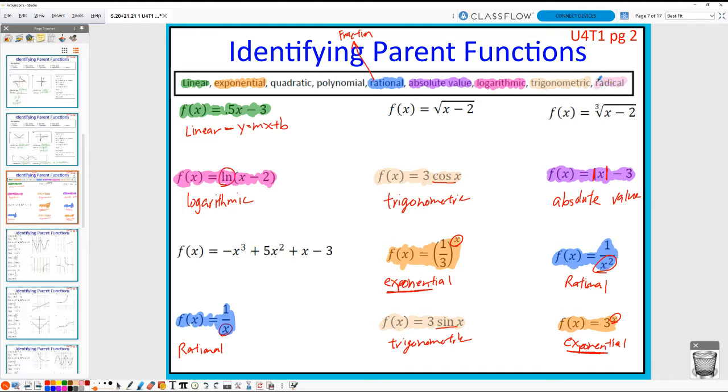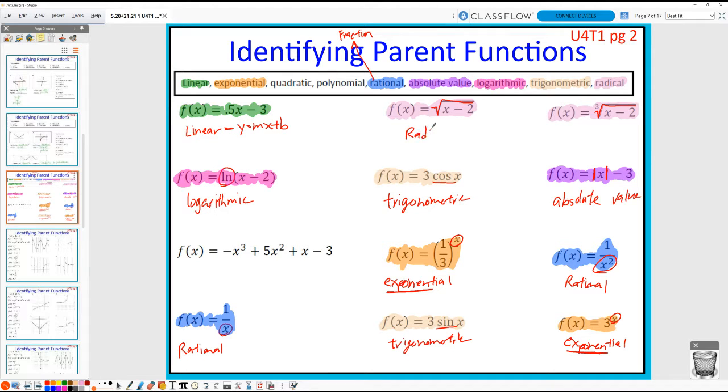Finally, not finally, but our radicals are going to be these two. I'm pretty sure we talked about this before, but the square root symbol is called a radical. Regardless of what the power is, we call that the radical. So this guy right here, that's a radical. This guy right here, that's a radical.